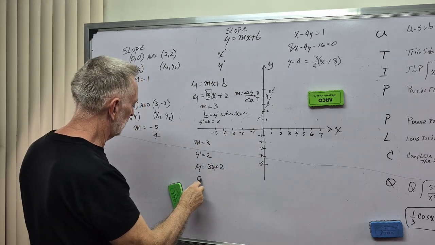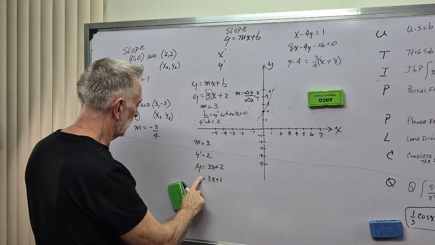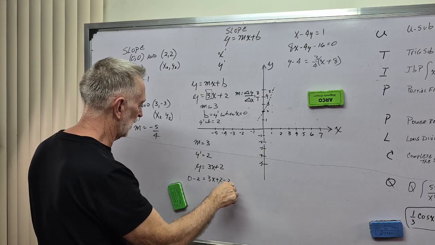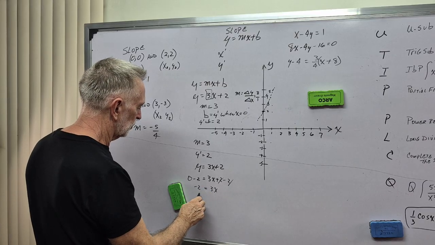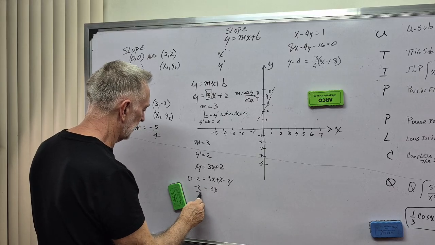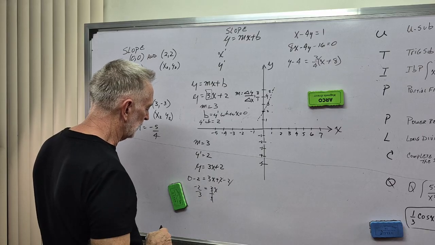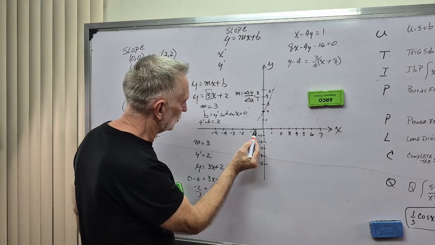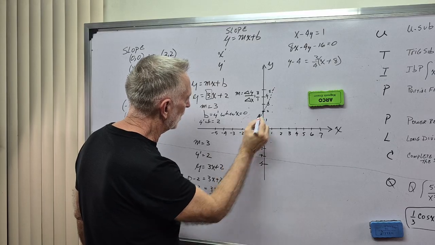Okay, so 0 equals 3x plus 2. Well, I have 0. I'm going to subtract 2 from both sides so as to eliminate that 2. So -2 equals 3x. So now if I divide both sides by 3, so x equals -2/3. X equals -2/3. So it's somewhere about in here.